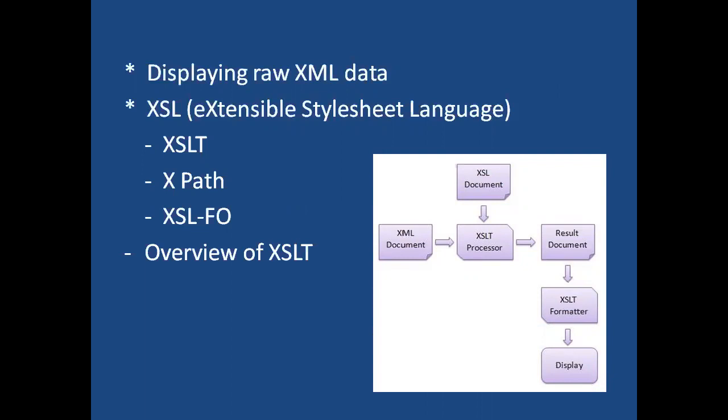The XSLT processor takes the XSLT style sheet and applies the transformation rules on the target XML document, and then it generates a formatted document in the form of XML, HTML, or text format. This formatted document is then utilized by the XSL formatter to generate the actual output, which is to be displayed to the end user.